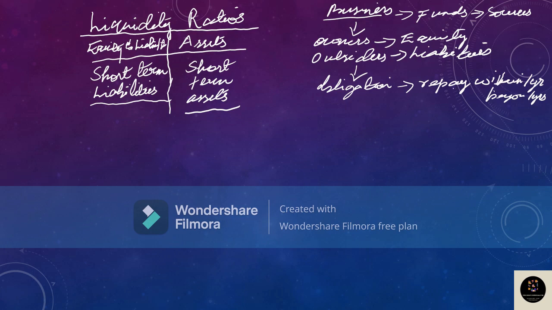So an obligation to repay within 1 year is called, let me write in short form, short-term liabilities.